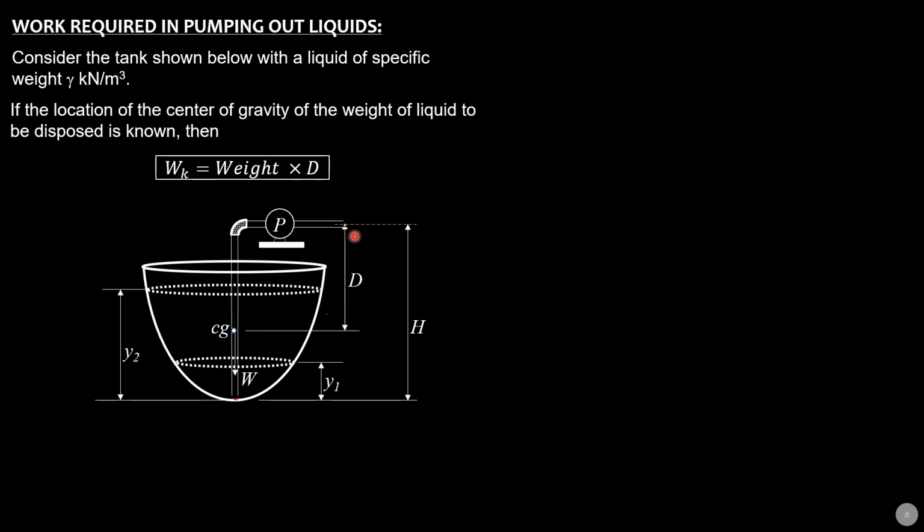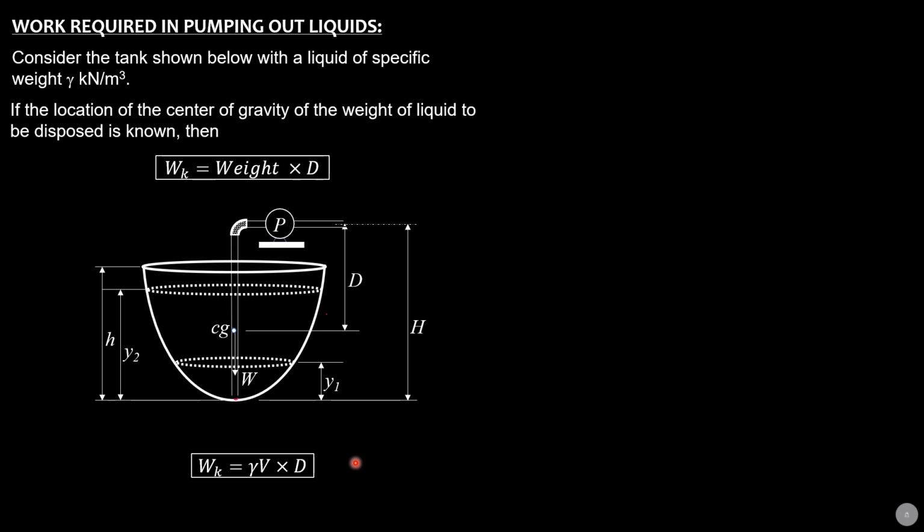Now, how about by integration? By integration, let's call the height of the tank small h and the distance from the bottom of the tank to the point of disposal big H. We have to note that weight is specific weight times volume and distance is the distance as known there.